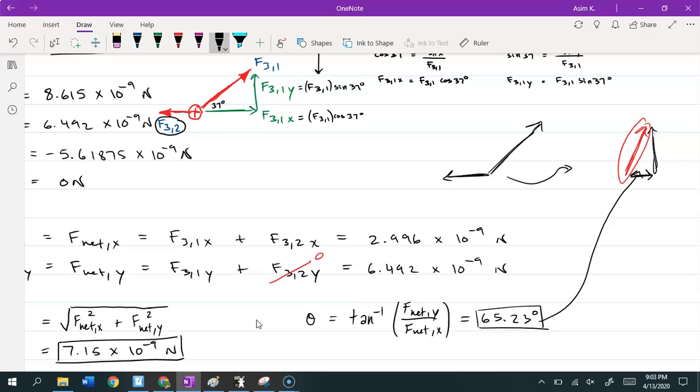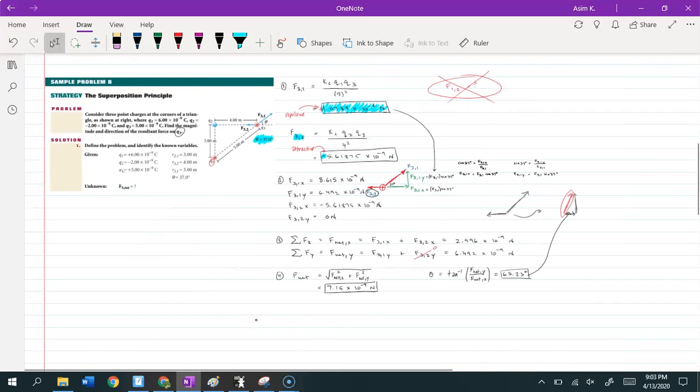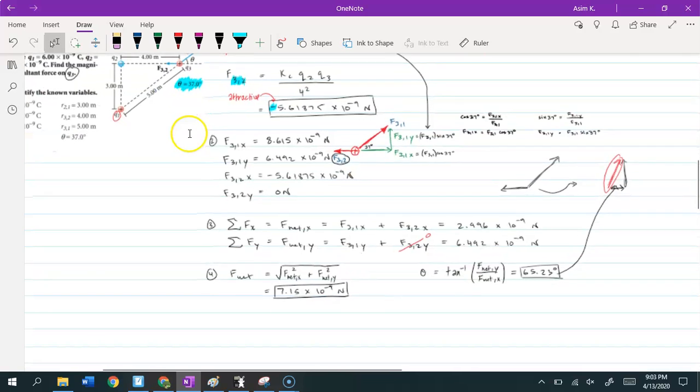Okay, so altogether, this problem takes about 20 minutes for us to complete. And basically, I'll just remind you of the steps. They're very straightforward if you really think about it. First thing that you do is you find those forces that are working on the charge that you're interested in. Let me zoom in a little bit.